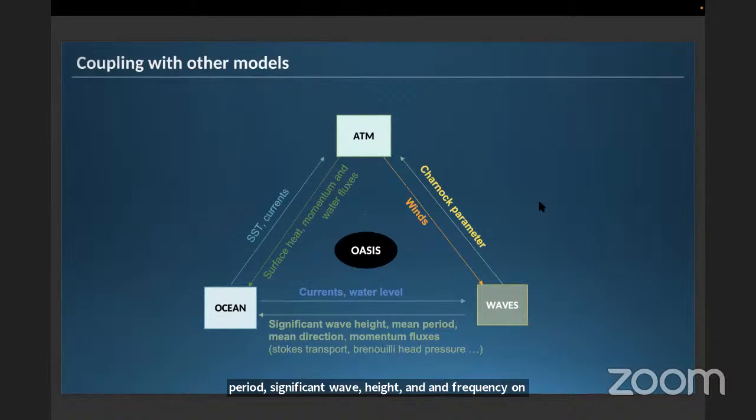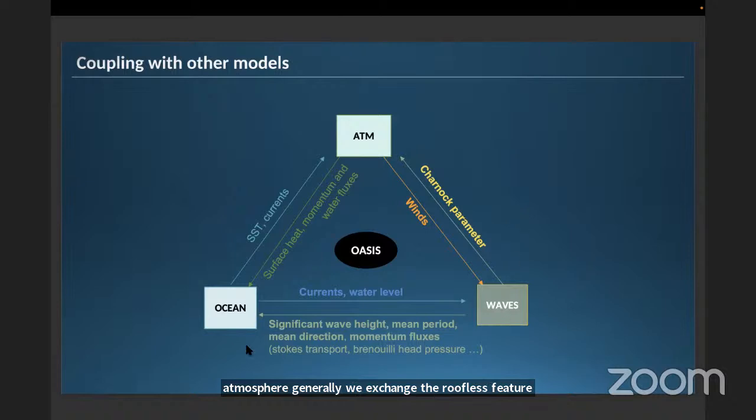Now, if we want to couple this wave model to an atmospheric or an ocean model, in our case, I will explain later that we use the Oasis coupler, but the idea is to exchange some parameters. With the atmosphere, generally we exchange the roughness features, which is done through the Charnock parameter, or eventually the wave age.